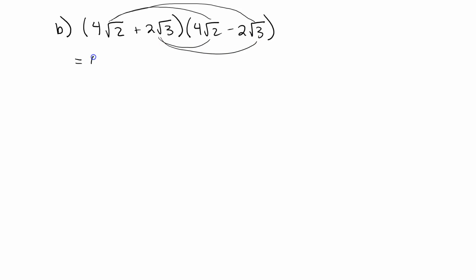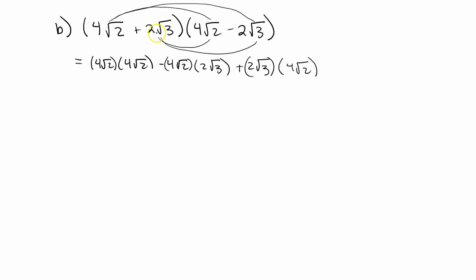So we have 4 root 2 times 4 root 2 minus 4 root 2 times 2 root 3 plus 2 root 3 times 4 root 2 minus 2 root 3 times 2 root 3.